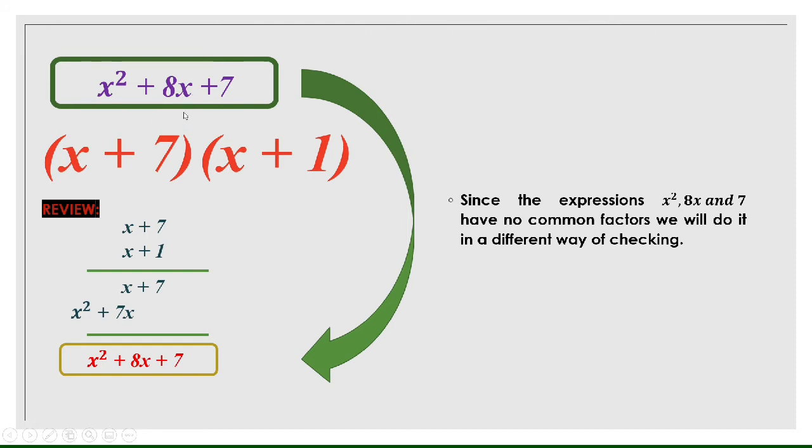So, paano nga ba natin kukunin ang factors ng isang quadratic equation? So, I'll be giving you an example on how to get that in two ways. So I do have my own way on how to get that. So this is the easier way on my end, and I will also be discussing to you guys how to get the factorization of a quadratic equation using the multiplication frame.